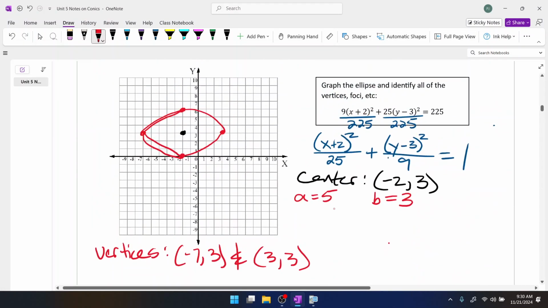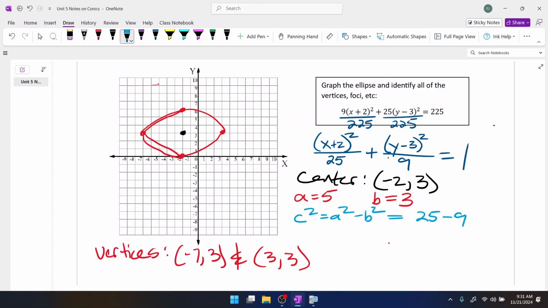All right, so when we go to figure out the C value, it's a squared minus b squared, which is literally 25 minus 9, which is actually a pretty good one here. C squared is 16, so C is going to be plus or minus 4. In other words, we really lucked out on this. So basically, the foci are going to be located 4 units away.